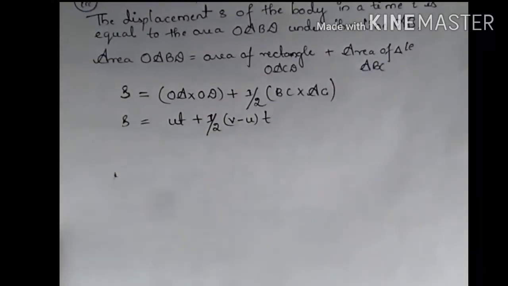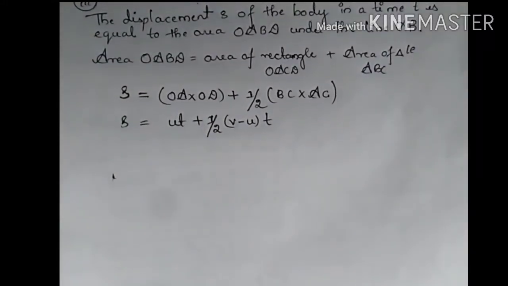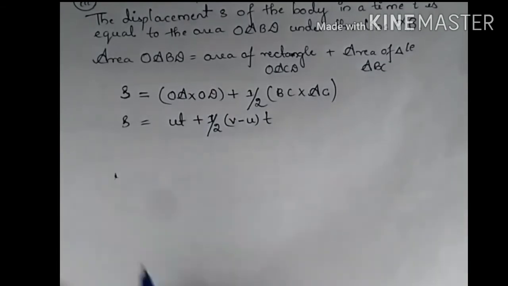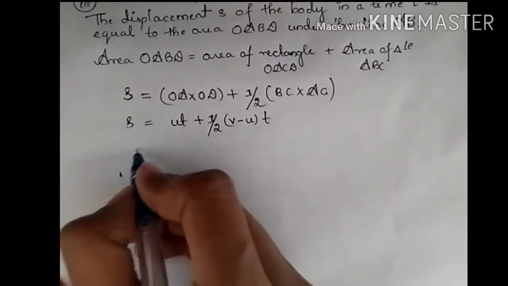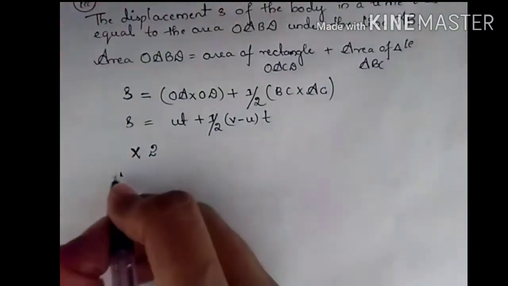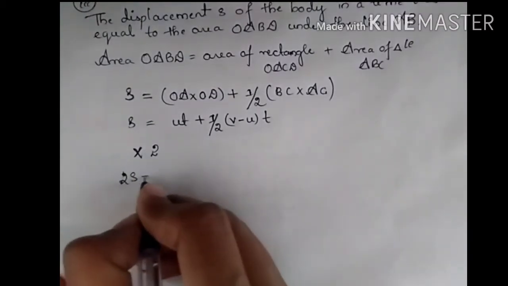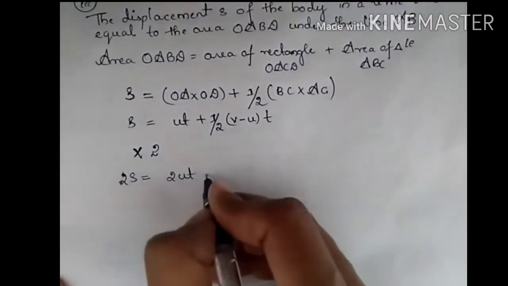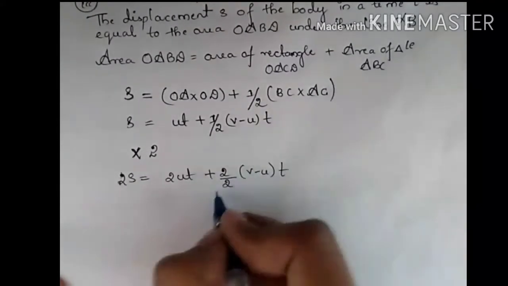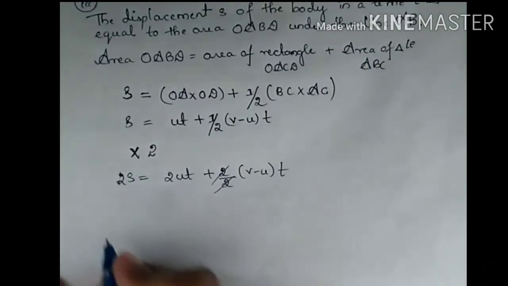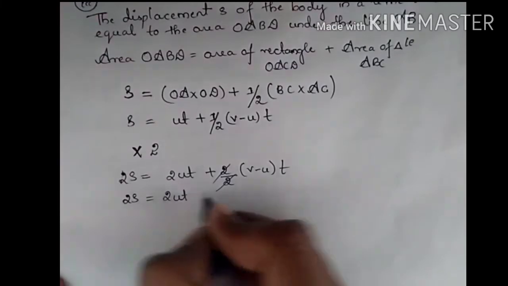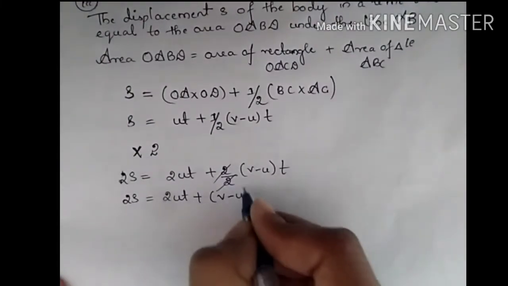So now let us multiply both sides of this equation for S by 2. So what will happen? 2S is equal to 2ut plus 2 by 2 (v minus u)t. So the 2 will get cancelled. What remains is 2S is equal to 2ut plus (v minus u)t.